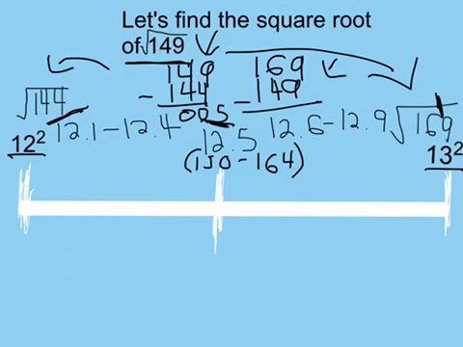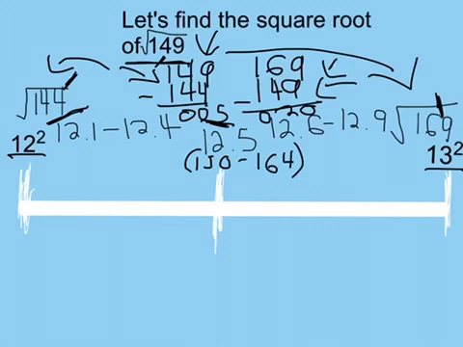So, 1 minus 1 is 0, 6 minus 4 is 2, and 9 minus 9 is 0. So, we get 20. So, the answer to this problem is 5, and the answer to this one is 20. So, you know what that means. That means that 149 is closer to 144.